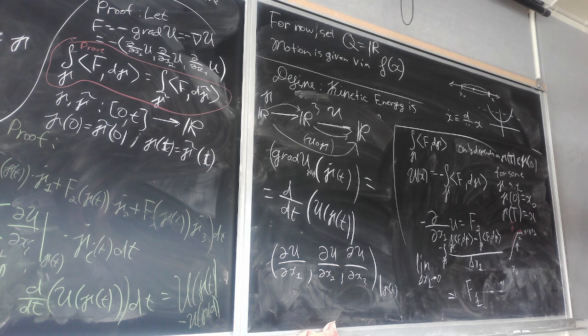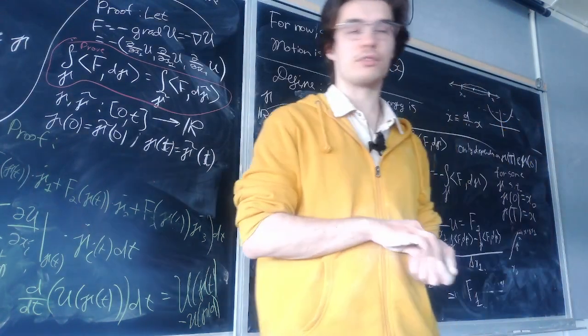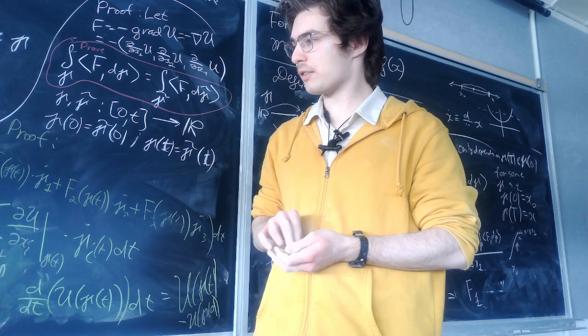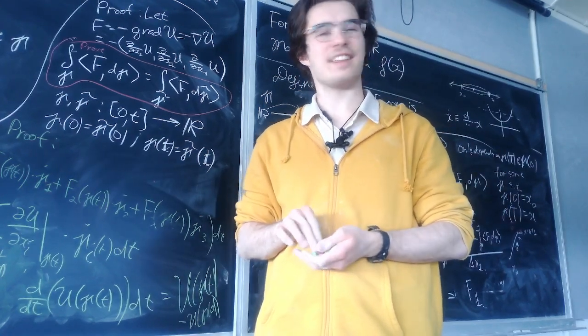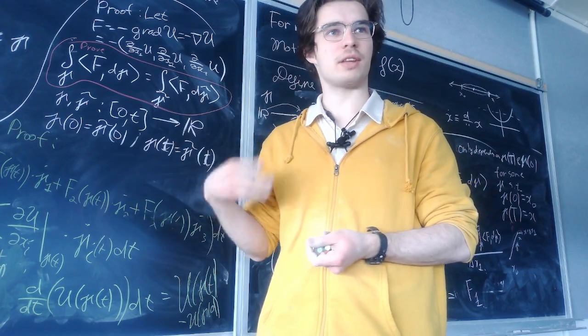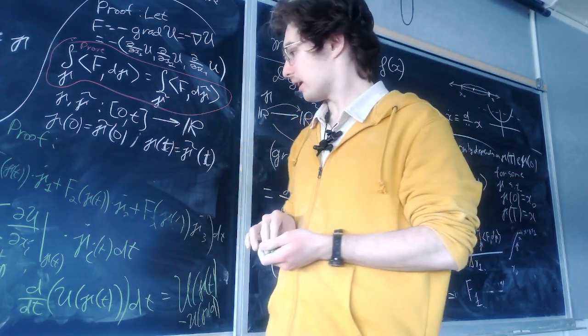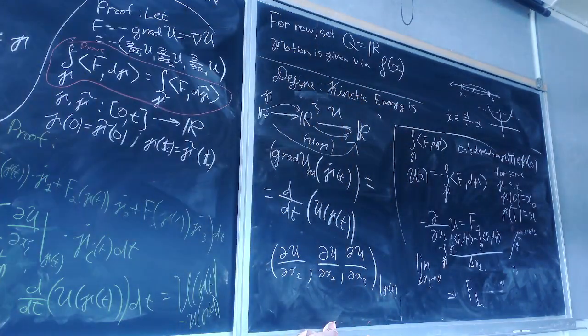The main important bit is, well, of course the proof is important, but the statement of the theorem: all conservative forces are forces that you can write as having a potential in this way. And you define this potential by taking this integral along some path. And yes. Okay. This was very long.